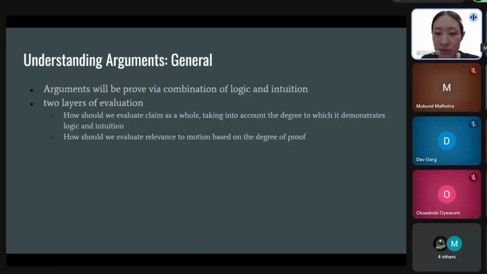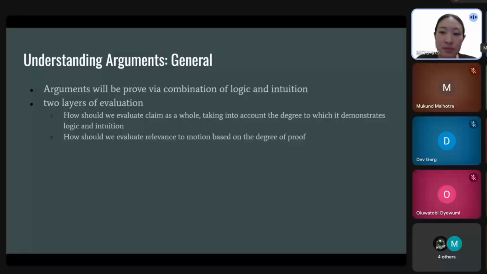As a general note, there are a few things. The first thing is that an argument will be proven via a combination of logic and intuition. It's not sufficient to give just the logic or just the intuition, because even if it is logically true, some judges or people may feel it is unintuitive if there is no example, and vice versa.